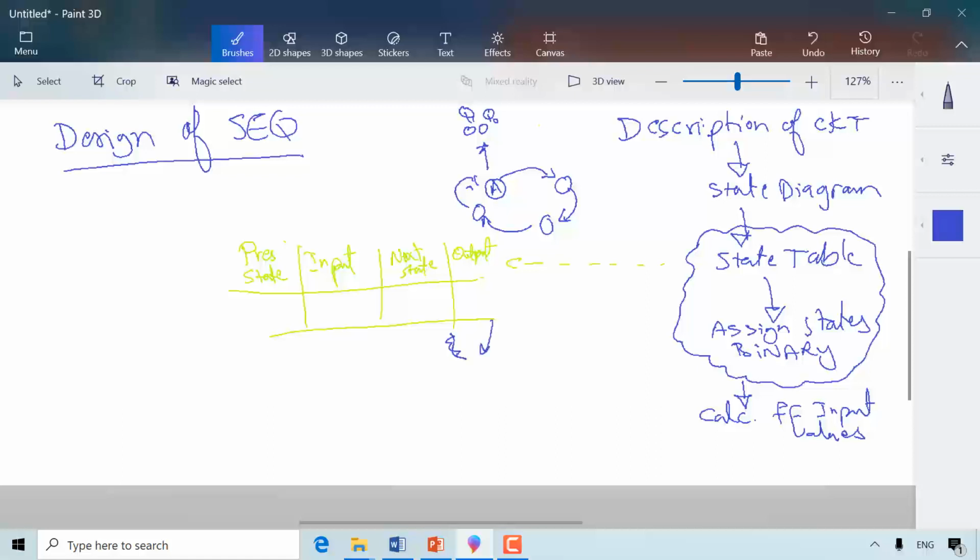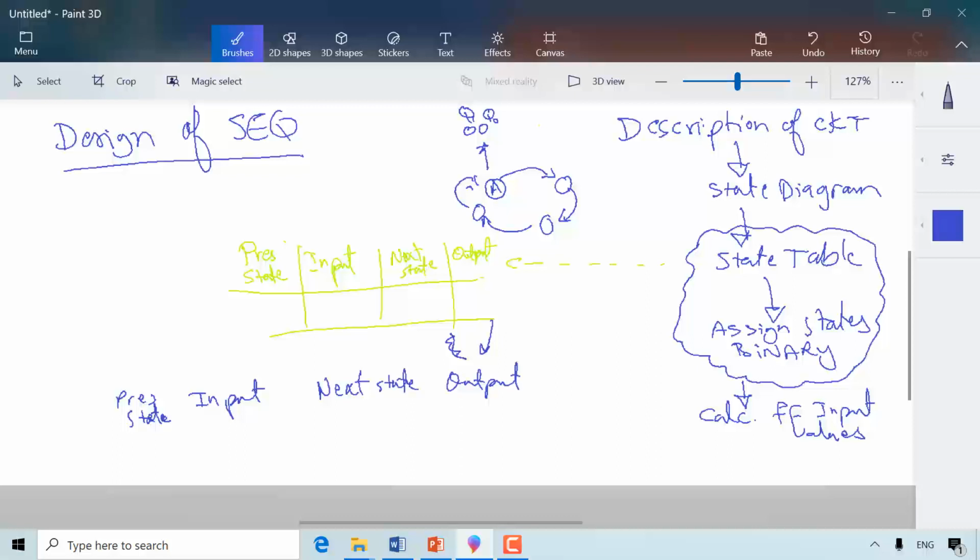It's the same as the state table: present state, input, next state, output, and flip-flop inputs.